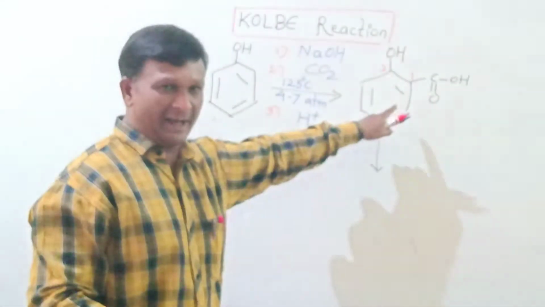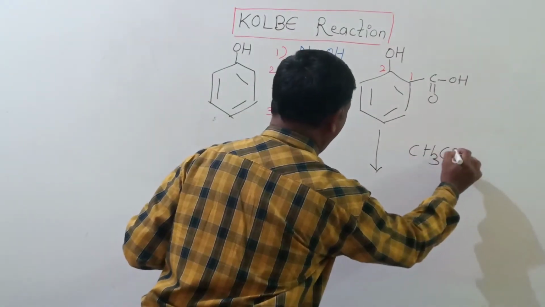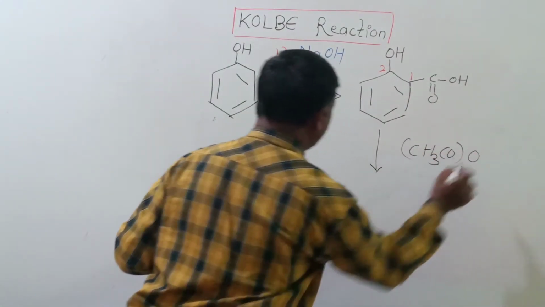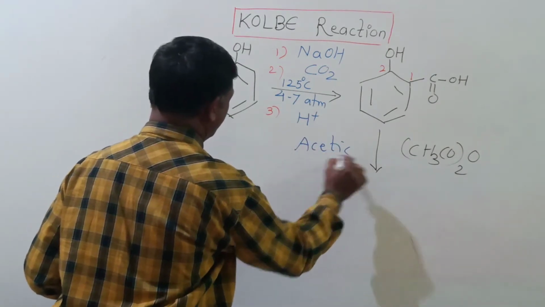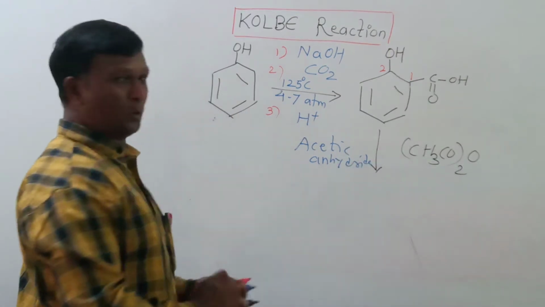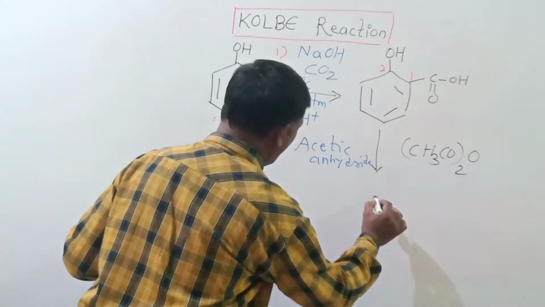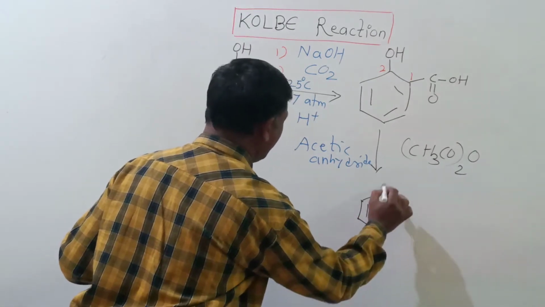So salicylic acid when treated with acetic anhydride undergoes conversion into its acetyl derivative like this.